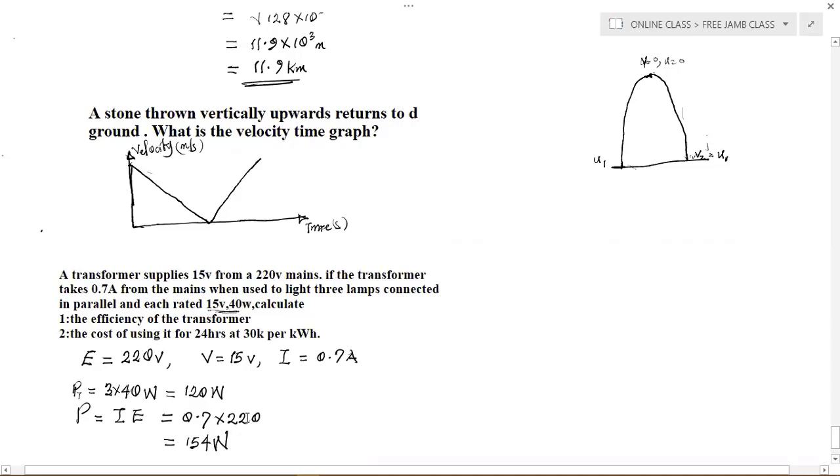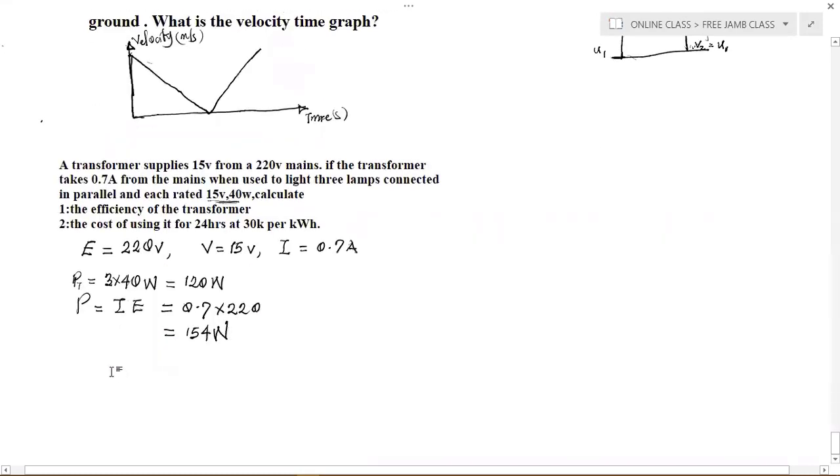So the efficiency now is the power output, PT that we get there, over P times 100%, which is 120 over 154 times 100%.